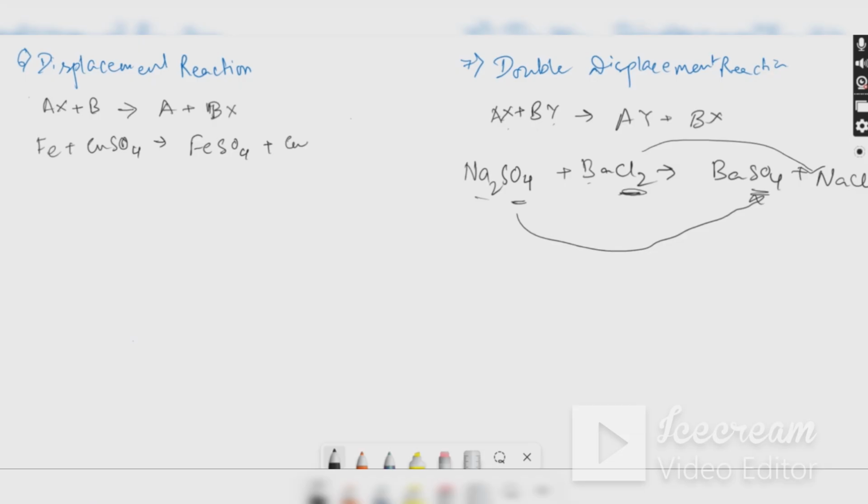So this is double displacement reaction. Okay. So these are the different types of reactions.